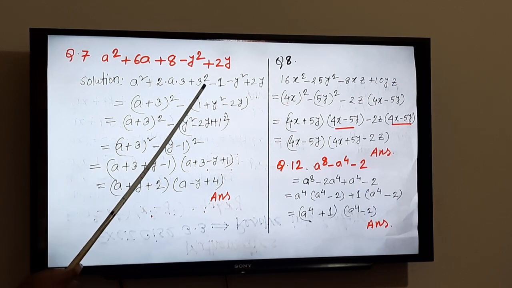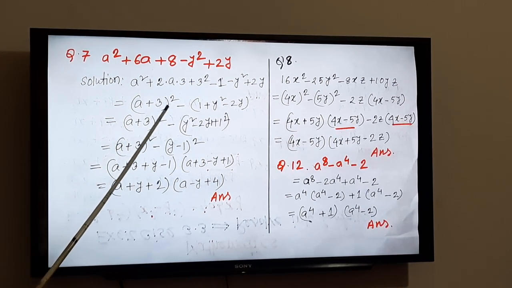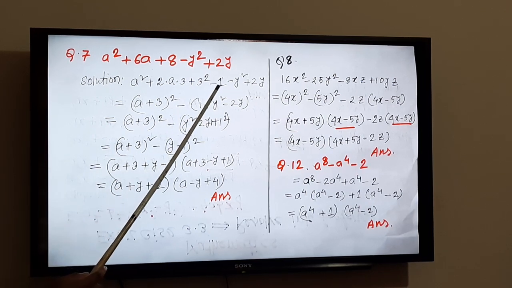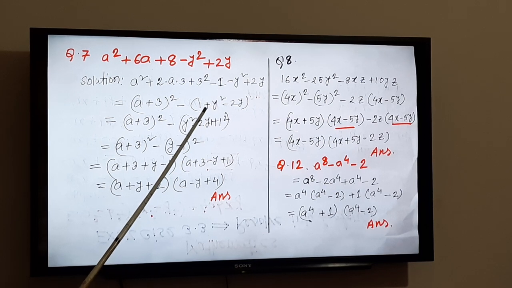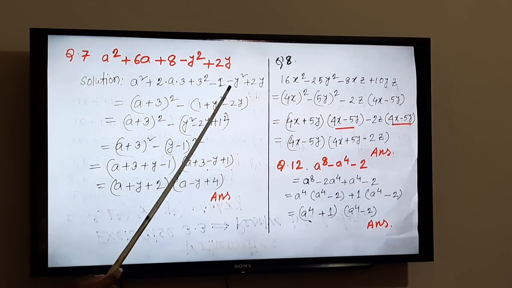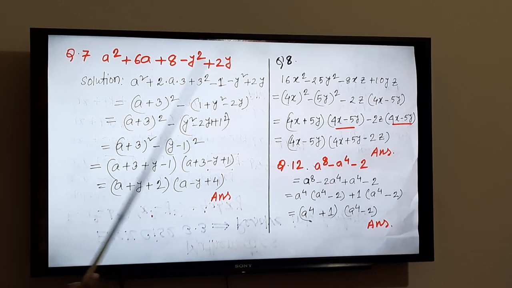In this line, we can apply the algebraic formula a plus b whole square. And taking minus 1 common, plus and minus gives minus 2y.